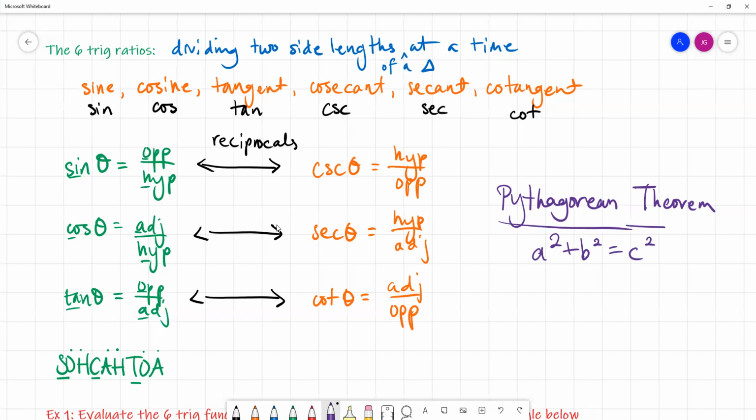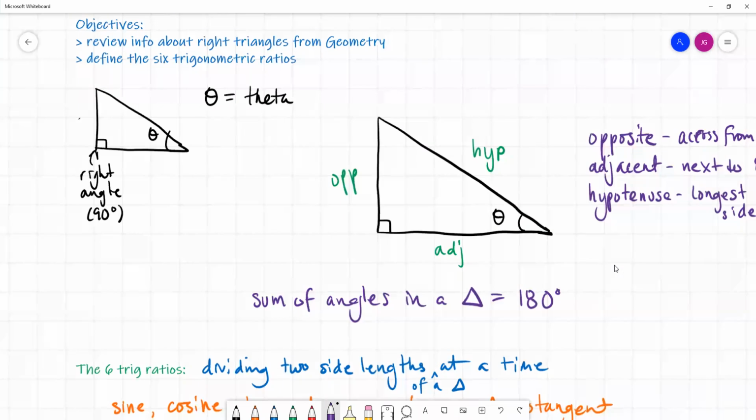What does that all mean? Like, what's the point of that? What is that telling us? In a right triangle, a and b represent the legs, and c represents the hypotenuse, right? So a and b would be this leg, and then c is the hypotenuse.